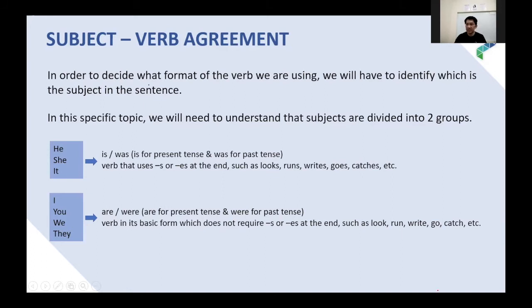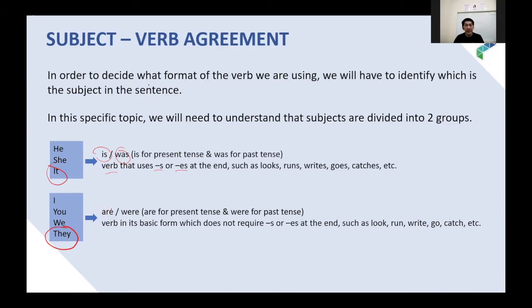Now I'm going to go back to the previous slide. Here, I mentioned earlier, if it is one group, it is simply it. Then we'll be using either is, was, or the verbs in their forms that use s or es at the end. So if the collective subject is a group of 2, 3, or more, then it can be replaced in our head with they.